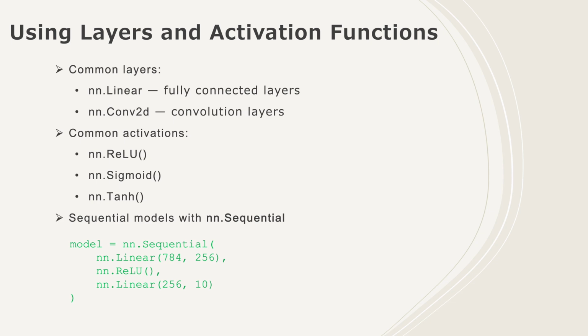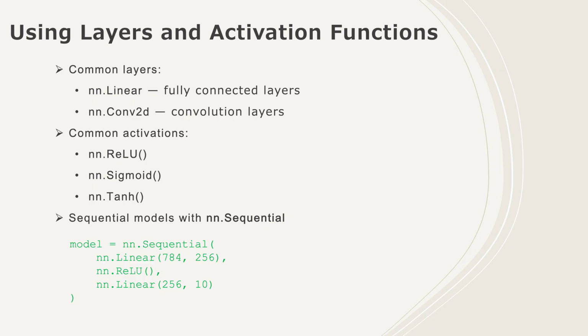To introduce nonlinearity into the model, we use activation functions. Some of the most common ones include ReLU, sigmoid, which squashes values between 0 and 1, and hyperbolic tangent, or tanh, which outputs values between -1 and 1.